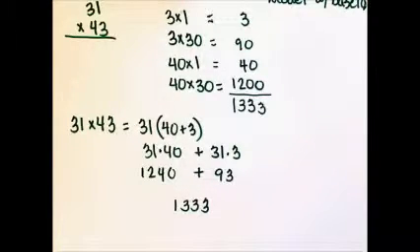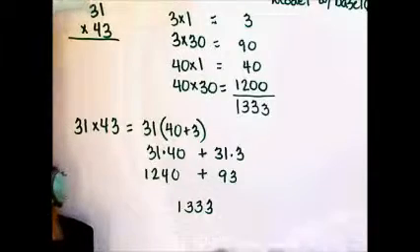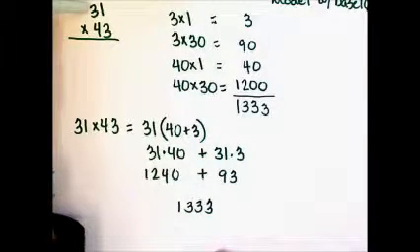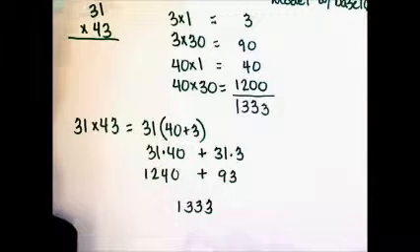Now, let's take a look at modeling with base 10. Okay, this is saying that I'm going to multiply 31 times 43. Now, everybody has a hard time looking at the concept of multiplication.